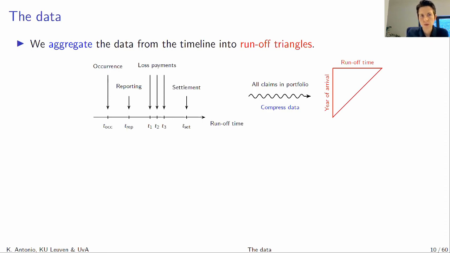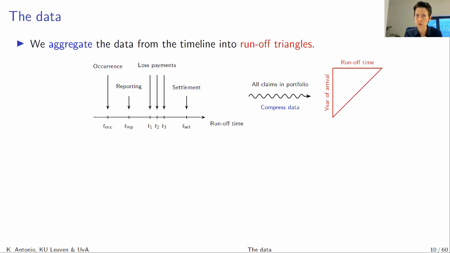Now, what an insurer will often do is aggregate the data from such a timeline, compress the data in a sort of two-dimensional display called a runoff triangle, and do their calculations at a certain portfolio level, on an aggregated data set. I'm going to explain the structure of such a runoff triangle right away on the next sheets.